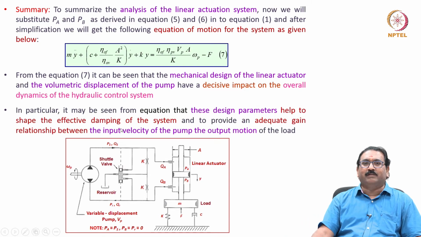In particular, it may be seen from the equation that these design parameters help to shape the effective damping of the system and to provide an adequate gain relationship between the input velocity of the pump and the output motion of the load.